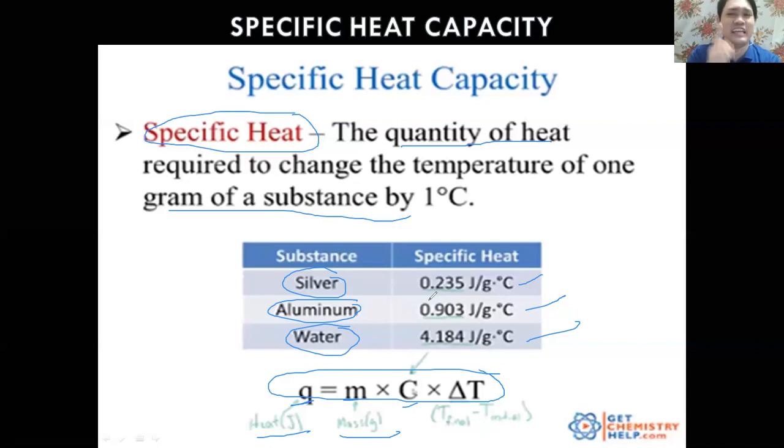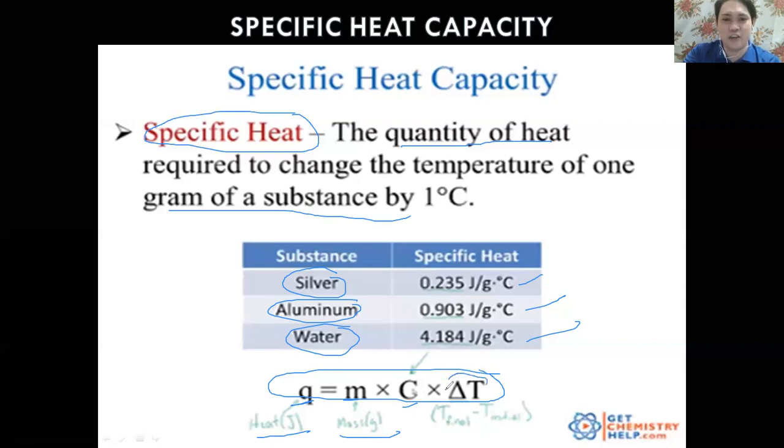So you really have to memorize or familiarize yourself with the different specific heat capacities of substances, because it is required in the equation or formula.